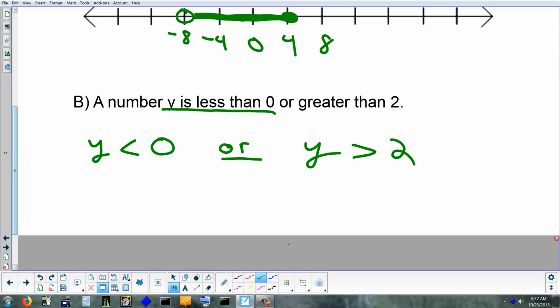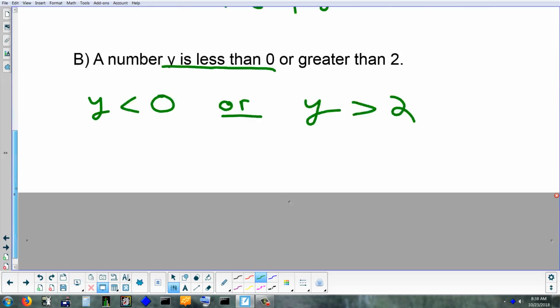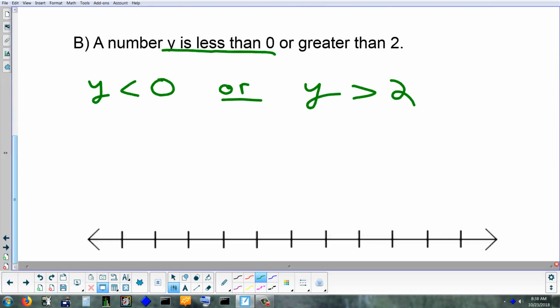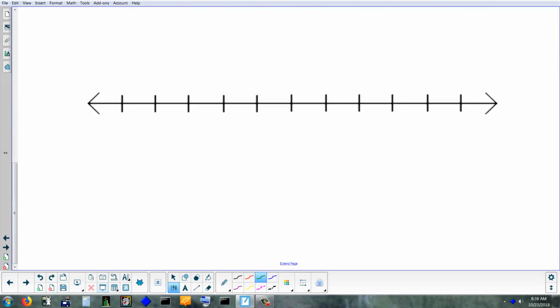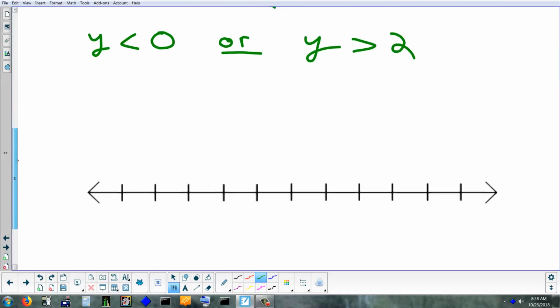So when we put our circles, what kind of circles are we going to use for this one? Both of them are going to be open on which numbers? 0 and 2. For this one, you could number it by 1s or 2s. It doesn't really matter. So it would be okay if they just put those two numbers, like 0 and 2, and left a little space in between and drew their arrows?